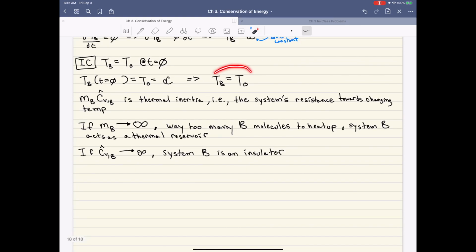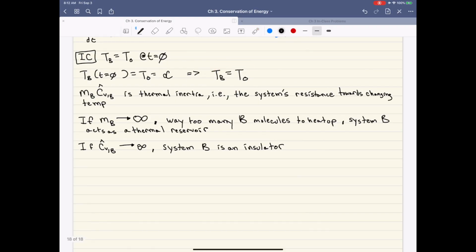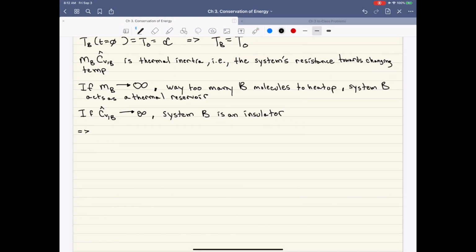And based on this, we could solve for T naught. Now that we solved for T naught, we could go back to the differential equation for the gas, where now we could replace TB with T naught. Okay? And then, this is a separable differential equation.